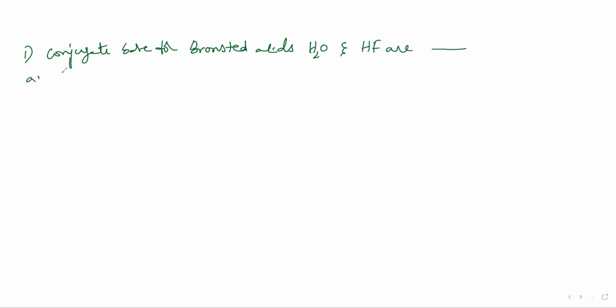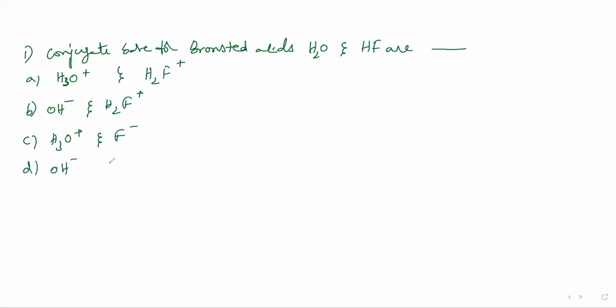Options given are: H3O plus and H2F plus. Next, OH minus and H2F plus. Third one, H3O plus and F minus. Fourth one, OH minus and F minus. So these are the options given for you. Right. Then what is the correct option?